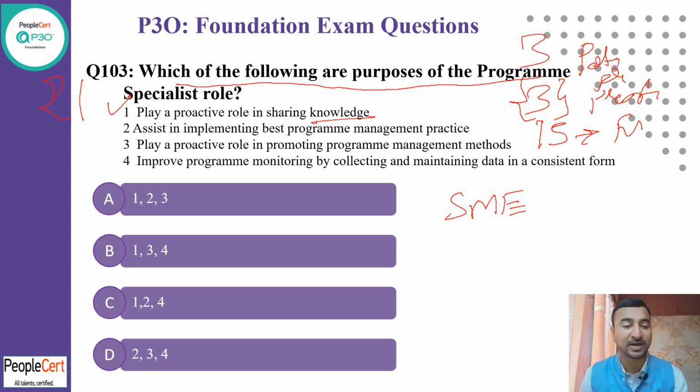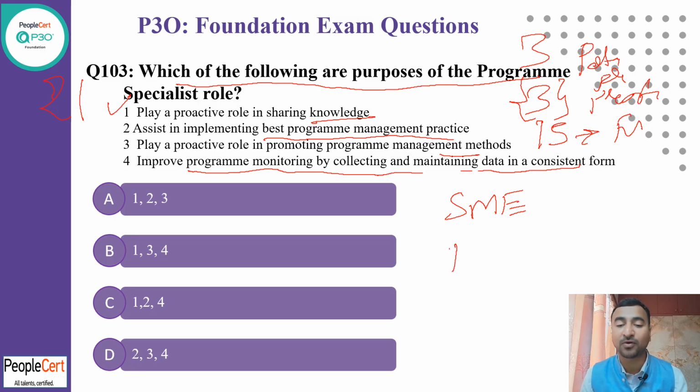Yes, that seems to be correct. Assist in implementing best program management practices. Yes, that is also correct. Play a proactive role in promoting program management methods. That's also correct. Improve program monitoring by collecting and maintaining data in a consistent format. That is not the role of your program or project specialist.